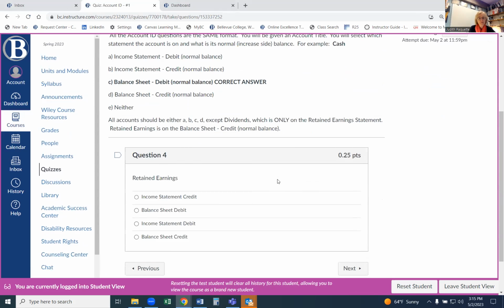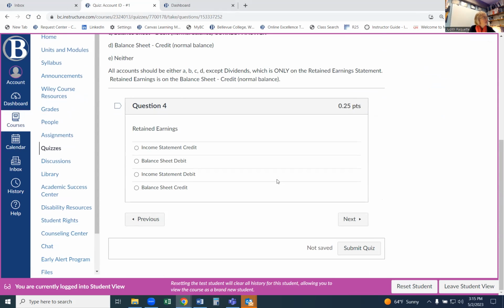Okay. Retained earnings, Rowan. Can you hear me? Say it again. Stock equity? It is stockholders' equity. Where does that go? Income statement or balance sheet?